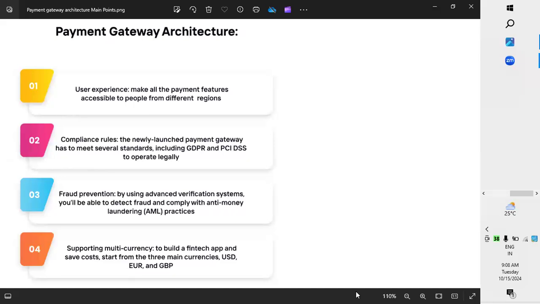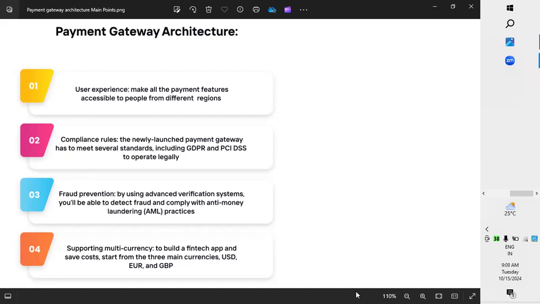So before I get into the explanation of the payment architecture, I am explaining what the major points involved in payment gateway architecture are. These are the four major points to be taken into consideration when we are developing an architecture for a payment solution, either for healthcare payments or for P&C insurance payment solutions.